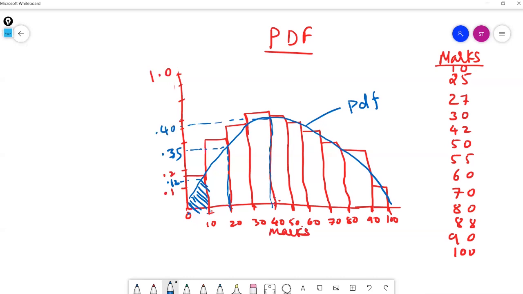Similarly, if I say 100, how many students have received 100% marks? I can say maybe 0.02, something like that.